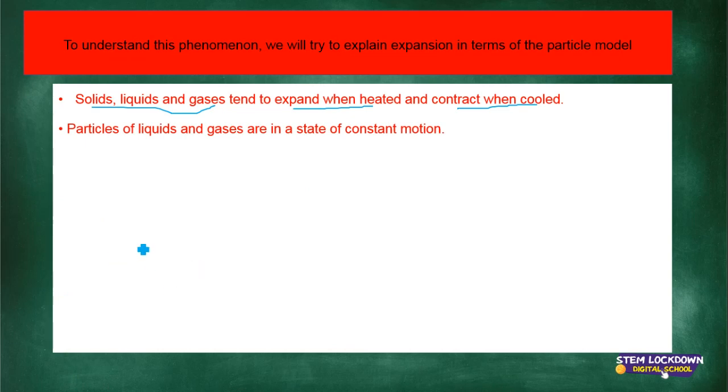Now, the particles of a liquid and a gas are in a state of constant motion. The particles in a liquid and a gas are further apart than they are in a solid, because there's more space, so they are in constant motion, which means that they move around all the time.